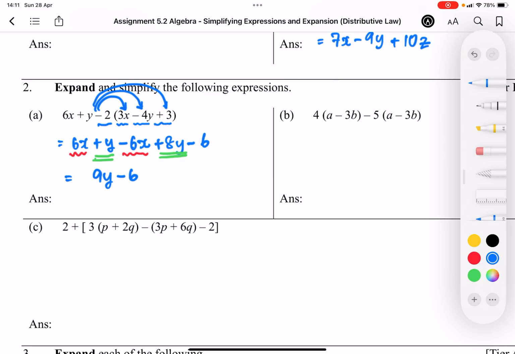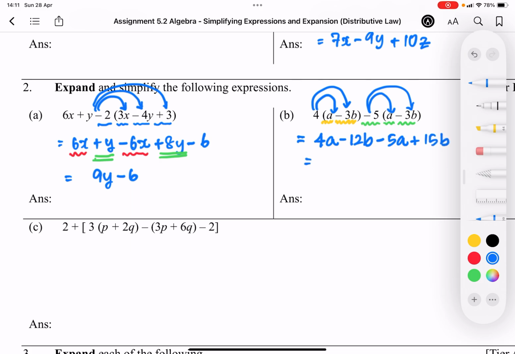Next, here we have the following. 4 is multiplied to these two terms here, whereas negative 5 is multiplied to these two terms here. So let's do it all in one shot. So we get positive 4 times a will give positive 4a. Positive 4 times negative 3b will give negative 12b. Next, negative 5 times a will give negative 5a. And negative 5 times negative 3b will give a positive 15b.